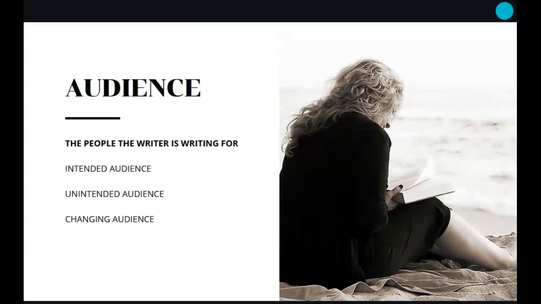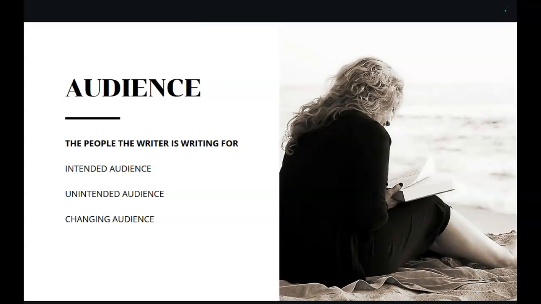So let's start off with audience. Audience includes the person or the people that the writer is writing for. And as we're reading stories, poetry, novels, and so forth, we can make some pretty good guesses as to who those writers intended to write for.